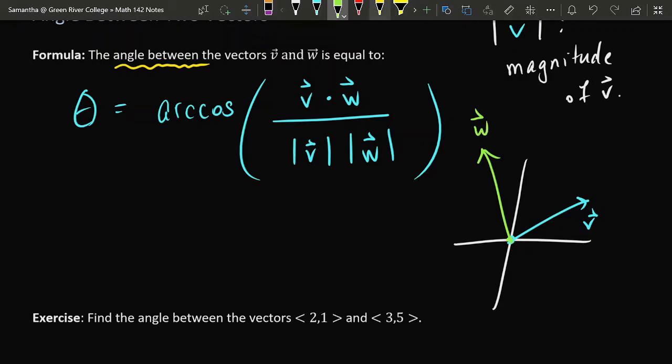The angle theta given by this formula is the angle that lies directly between these two vectors. It is not the angle of the vector v, and it is not the angle of the vector w. This is the angle which is between the two vectors v and w.